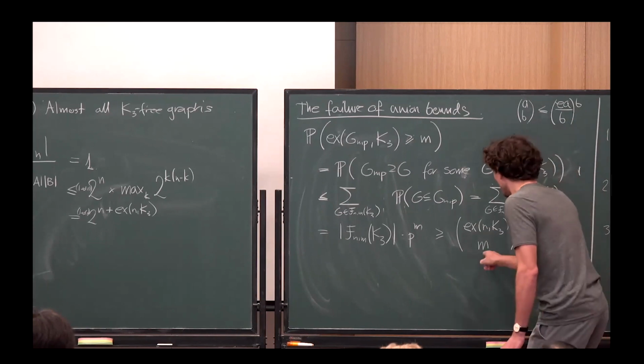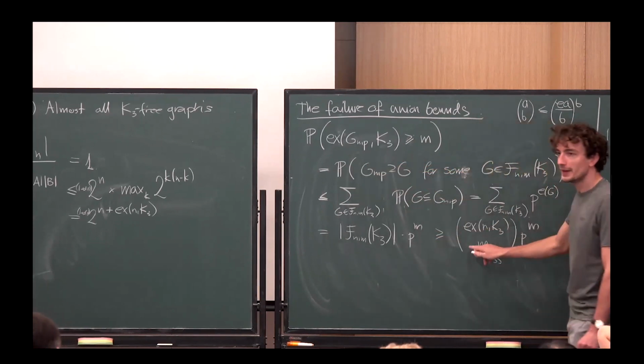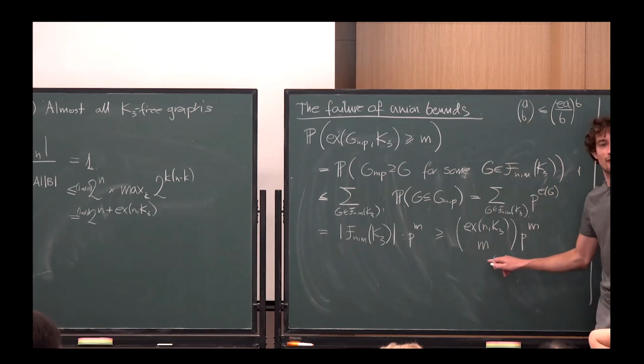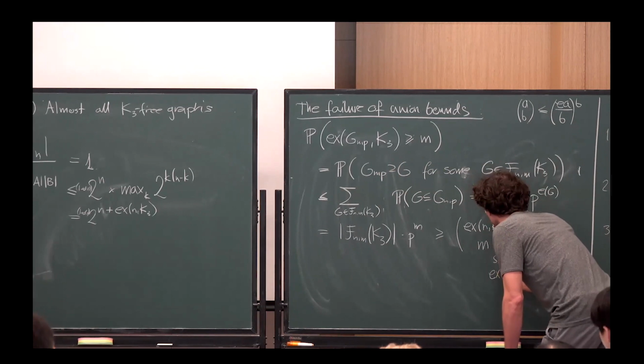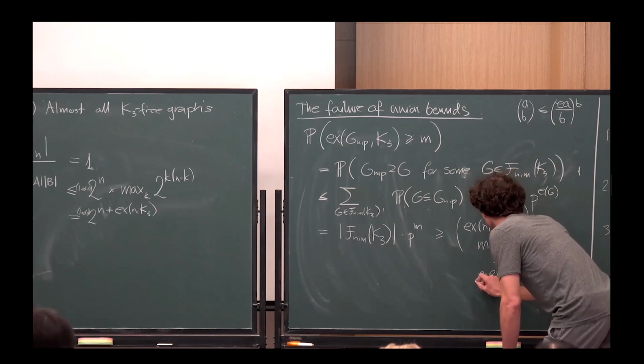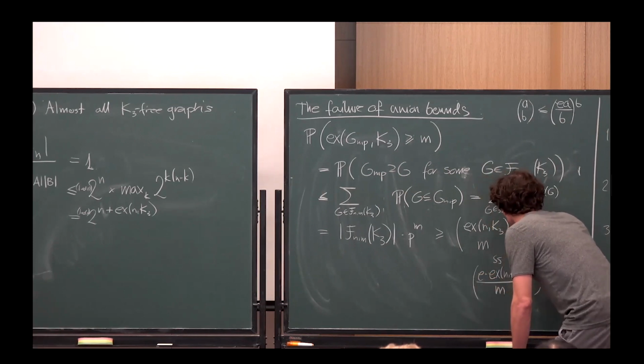Since we'll be mostly interested in sparse random graphs, this m that we're looking for will be subquadratic. So this will be very close to e times the extremal number divided by m, to the m.